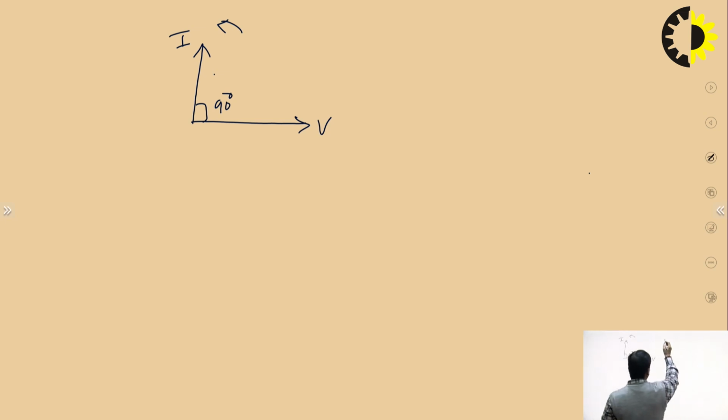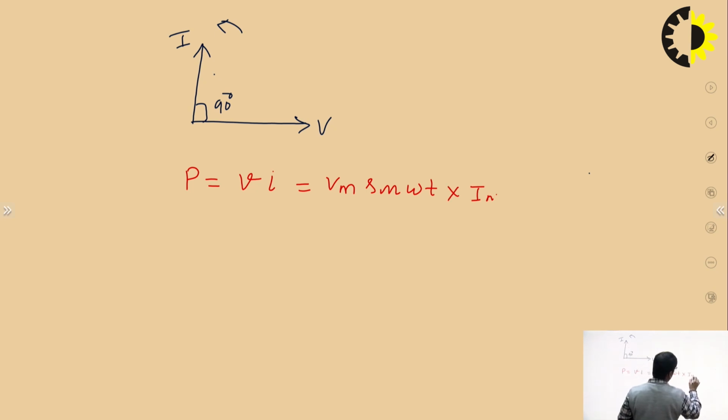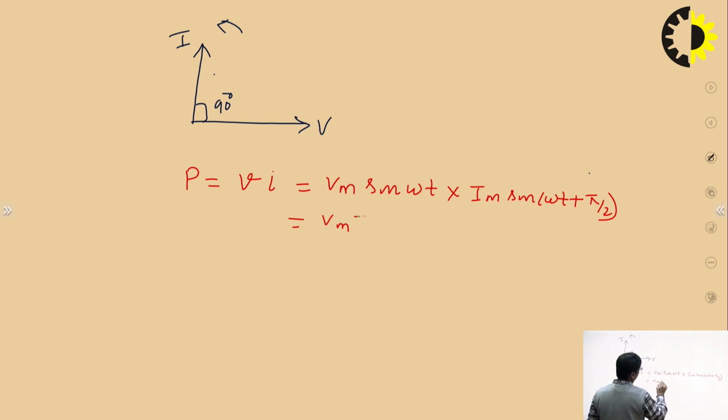So the power in the circuit will be equal to V into I, that is Vm sine omega t into Im sine omega t plus pi by 2. So that is equal to Vm into Im by 2 into cos omega t.